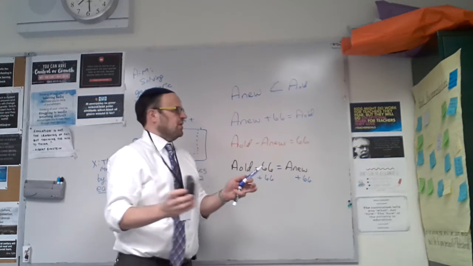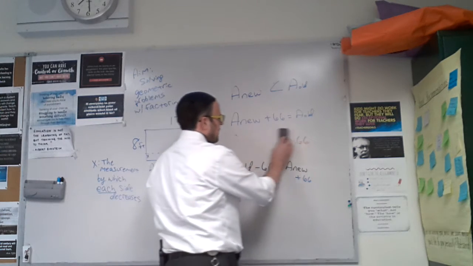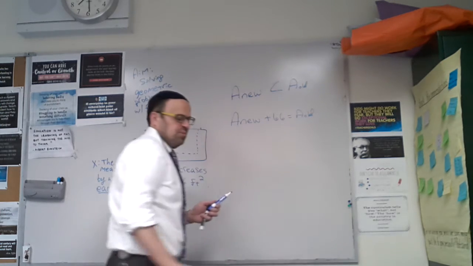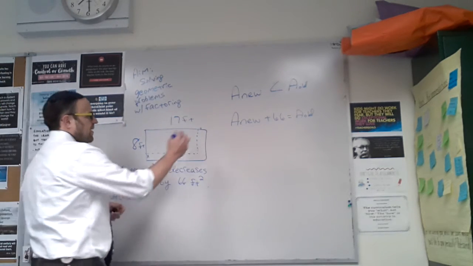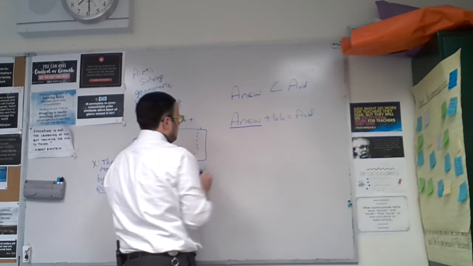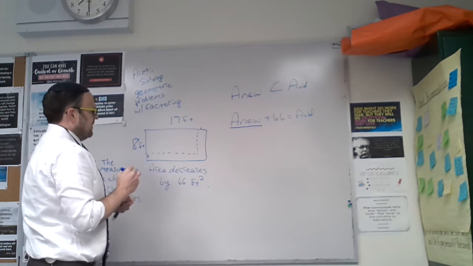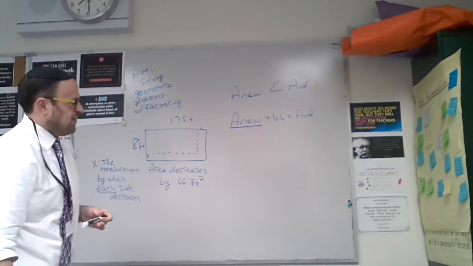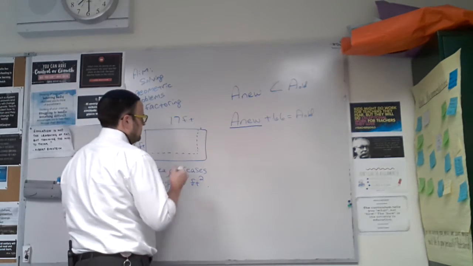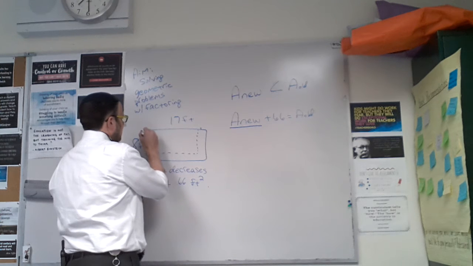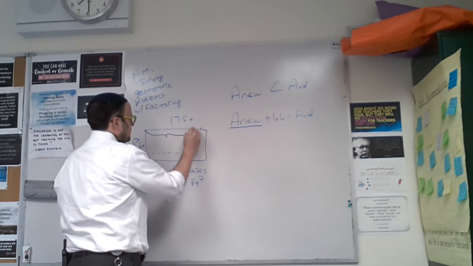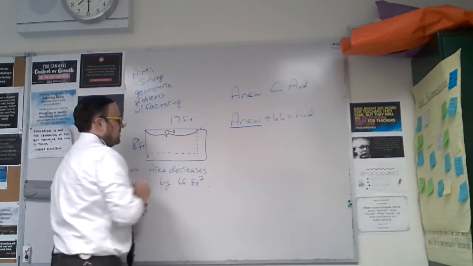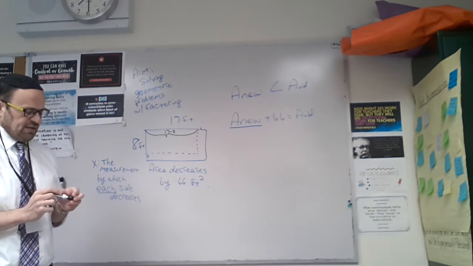Whatever way you want to write it is up to you, but you must have an equation. It is critical to first set up our equation and then start putting stuff in. Well, what can we put in? Area new. Well, that's also going to be a rectangle, but what are the dimensions of my new area? Instead of 17, I took away x, so now I have 17 minus x.